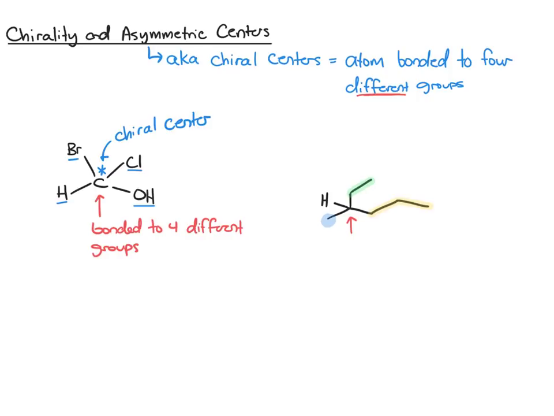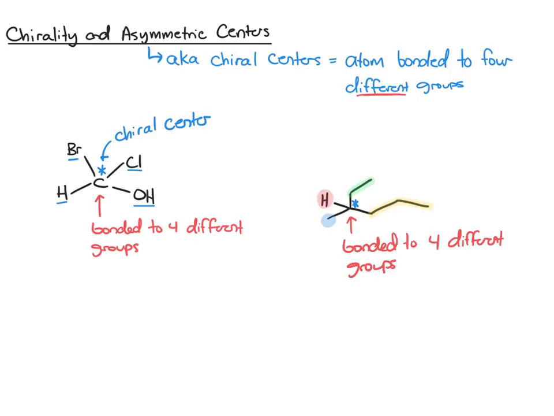And then our 4th group is the hydrogen. For that reason, this carbon is bonded to 4 different groups. And we're going to mark that with an asterisk to show that it is a chiral center.